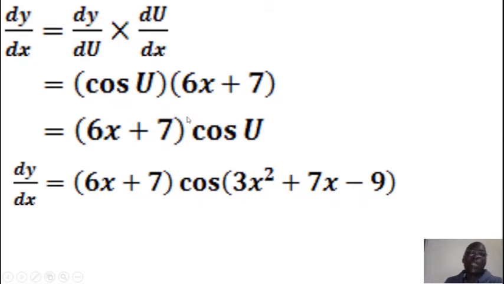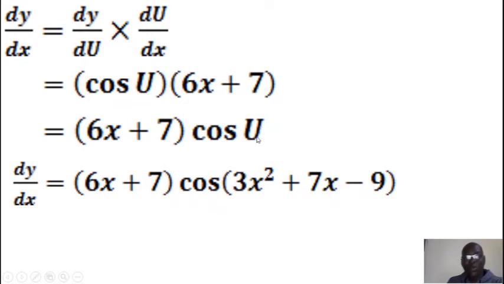However, it is important to put certain things in brackets. This multiplying this is also this multiplying this, since multiplication is commutative, but not always true, because in multiplication of matrices you may not get it commutative. So our final result now becomes (6x plus 7) in a bracket multiplying cos u.